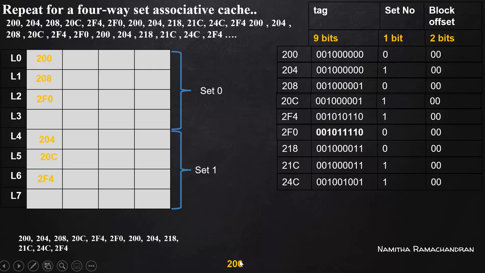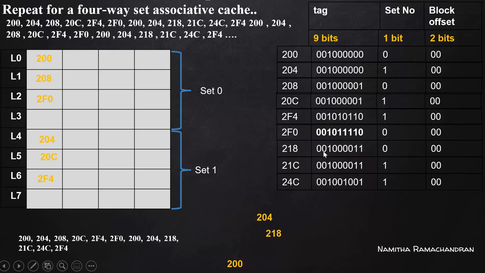So this is the case of cache hit. Why? Because this particular memory word containing the byte address 200 is already available in set 0 at line number 0. So this is the case of cache hit. 204 is already present here, again a cache hit.